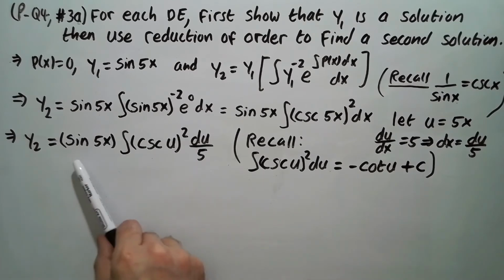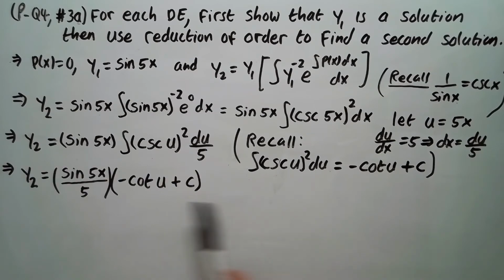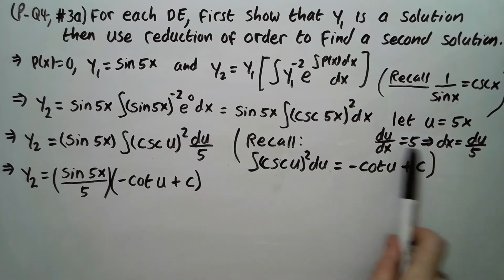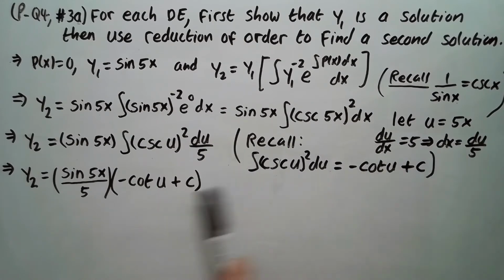So making that substitution we get sine 5x over 5 times negative cotangent of u plus c. Now we can use the fact that u is equal to 5x, and also we can choose c to be 0.